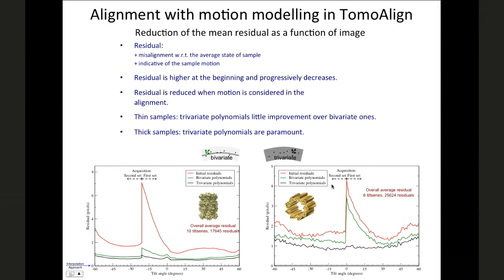Okay, so now to illustrate another type of information that TomoAlign can provide, let's focus on the motion that has been estimated to reduce the residual from around 4 pixels to around 1 pixel in one of the tilt series, at the first acquired image, which in this case is at 0 degrees.